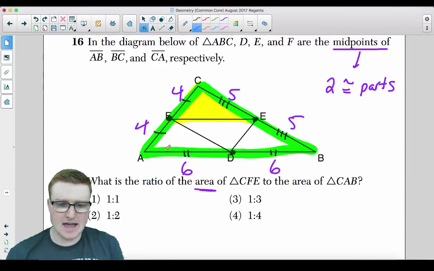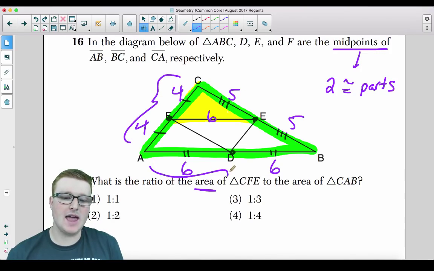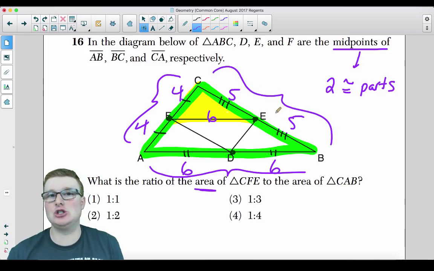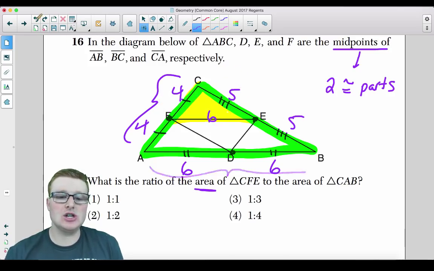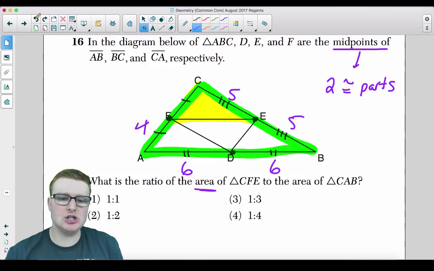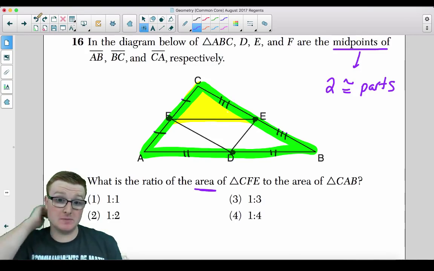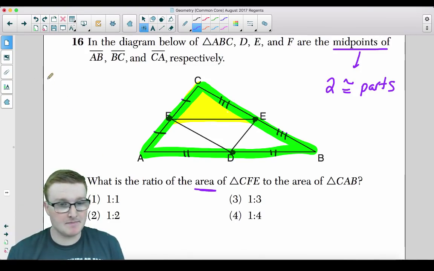By the way, if AD is 6, then FE is 6 as well. Look at the area of this triangle and look at the area of this triangle. You notice how if we add these sides together, it's double the length of all of these, okay? The relationship between a small triangle and a big triangle that have 2 congruent parts, because really, here's the thing.